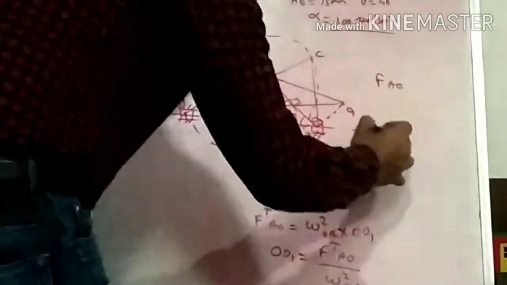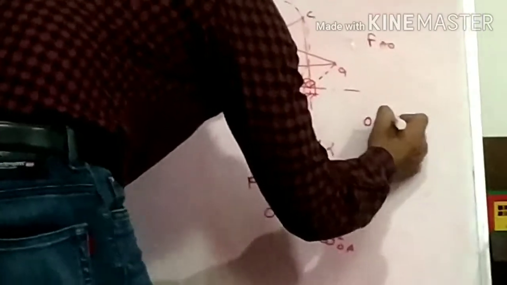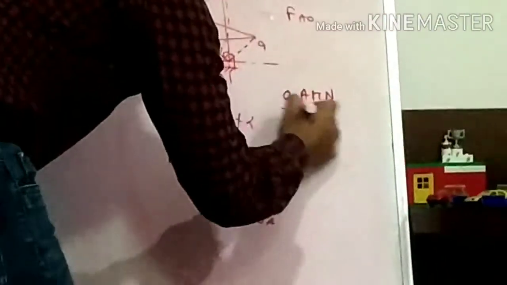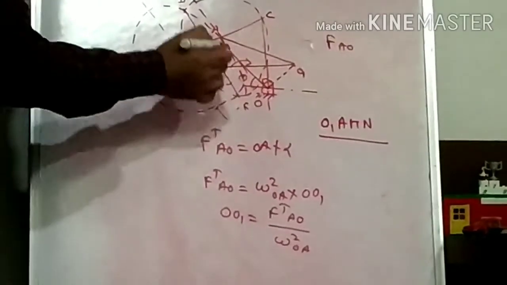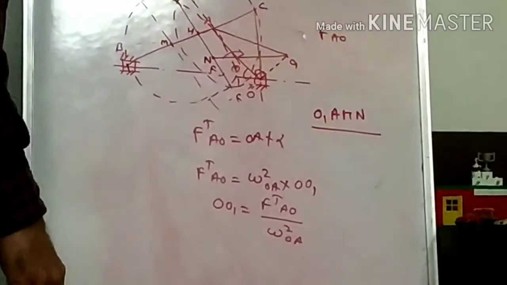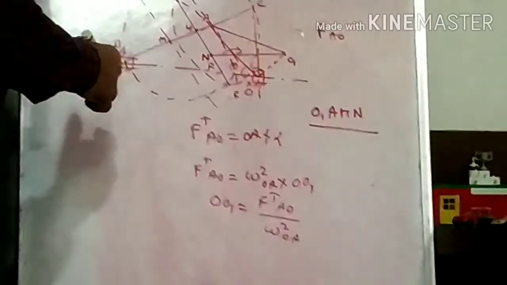So this point is N. So now in this case, the quadrilateral O1AHN becomes the acceleration diagram.